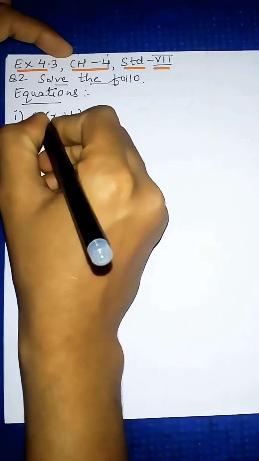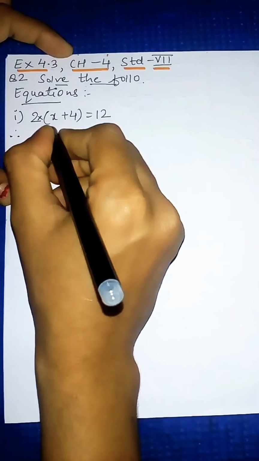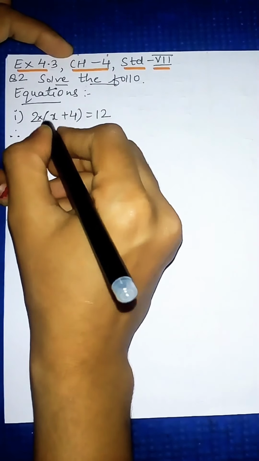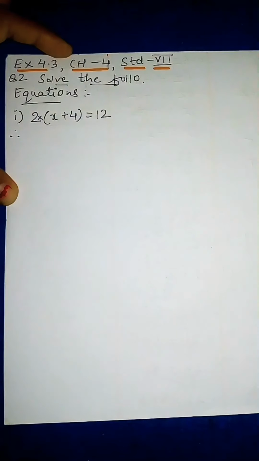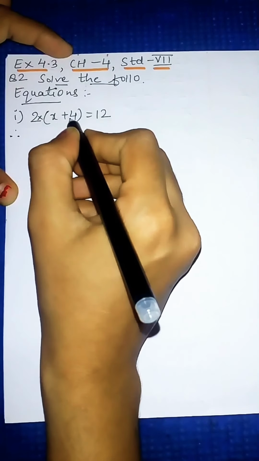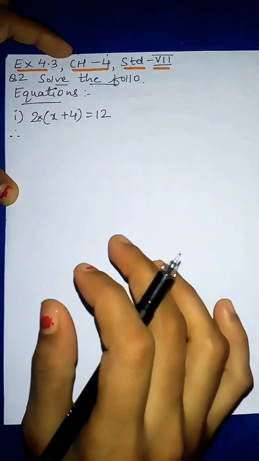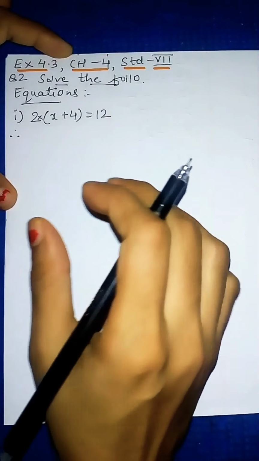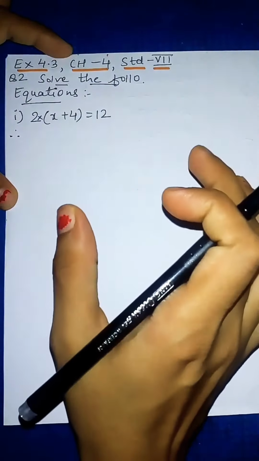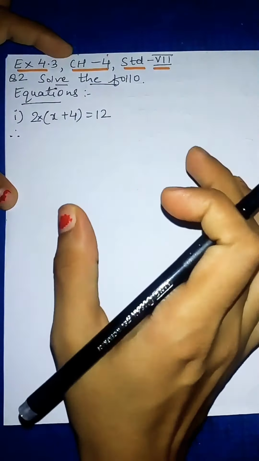Here 2 is in multiplication with this whole bracket, from here to here, x plus 4. Whatever is given inside the bracket, this 2 should be multiplied with both parts. So our first step will be to open the bracket. How will we open the bracket? 2 is given here and x plus 4 is given in the bracket.